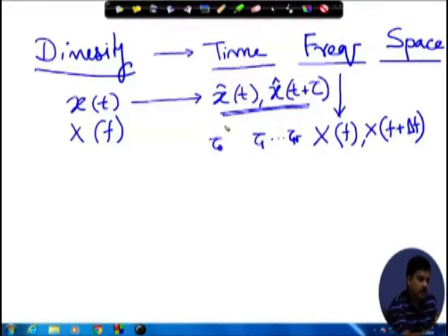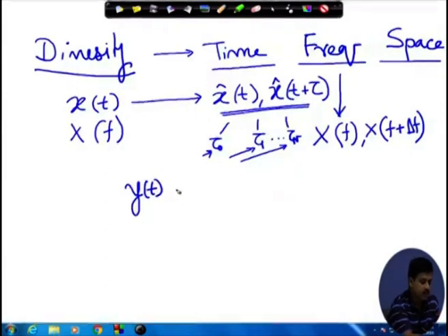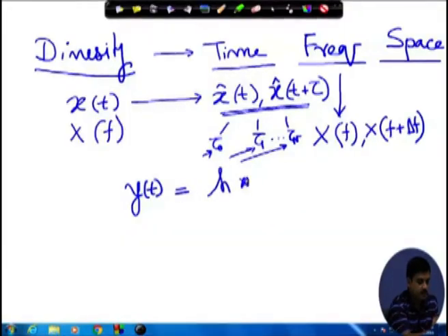And if these signals are uncorrelated, that means x at delay tau 0, x at delay tau 1, x at delay tau n, if they are uncorrelated, then we can get some benefit out of it, simply because if you remember the way we write, if I say y of t is the received signal, what I get is basically h convolution with x, plus noise.